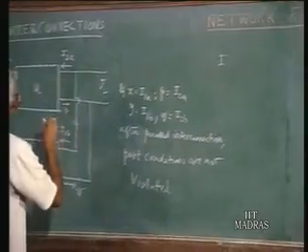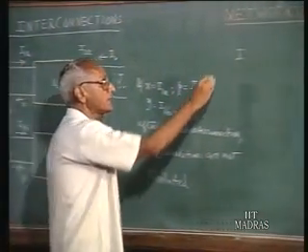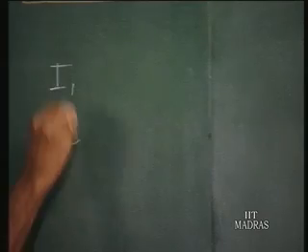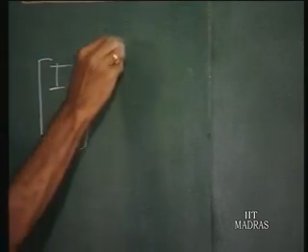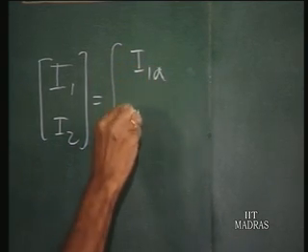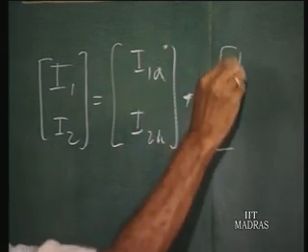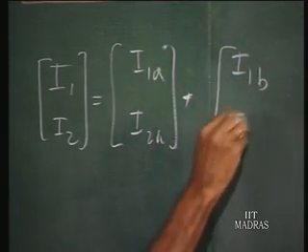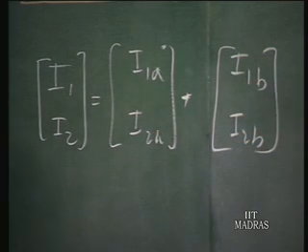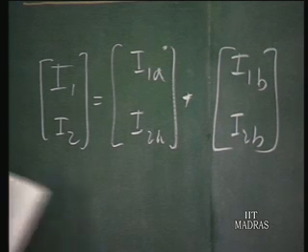If the total currents are I1 and I2, then we can say that I1, I2 are equal to I1A, I2A plus I1B, I2B, because as you can see, this current I1 is I1A plus I1B, and I2 equals I2A plus I2B. This is how it will be.